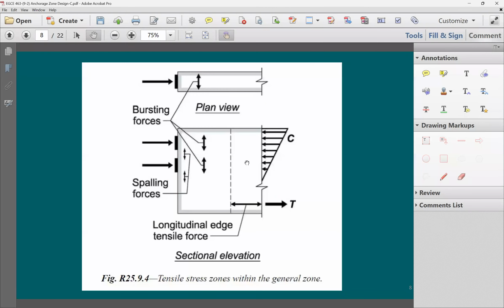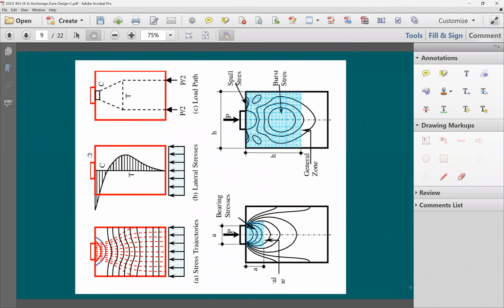Now look at this end block. Look what happened to the stresses when you have this eccentricity. Because if you put the point load in the middle, like in this case, in all of these cases, the compressive force is going to be coming this way.